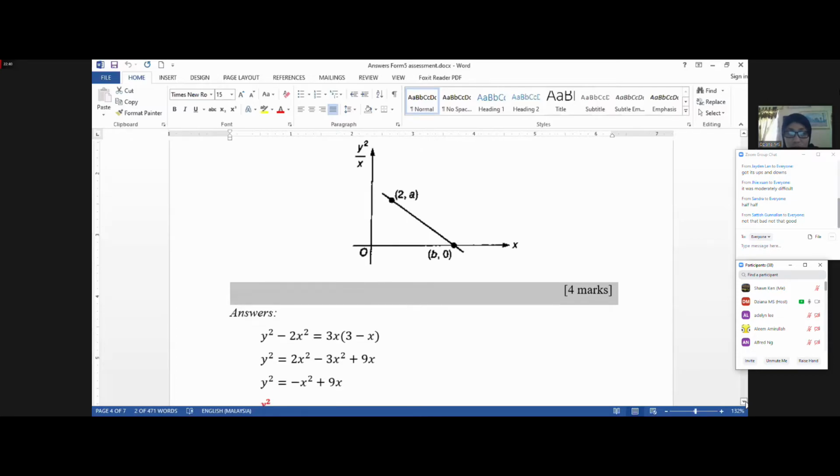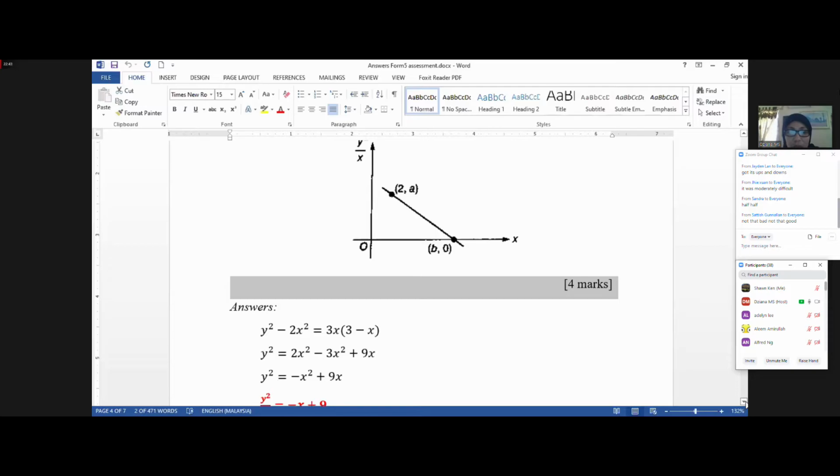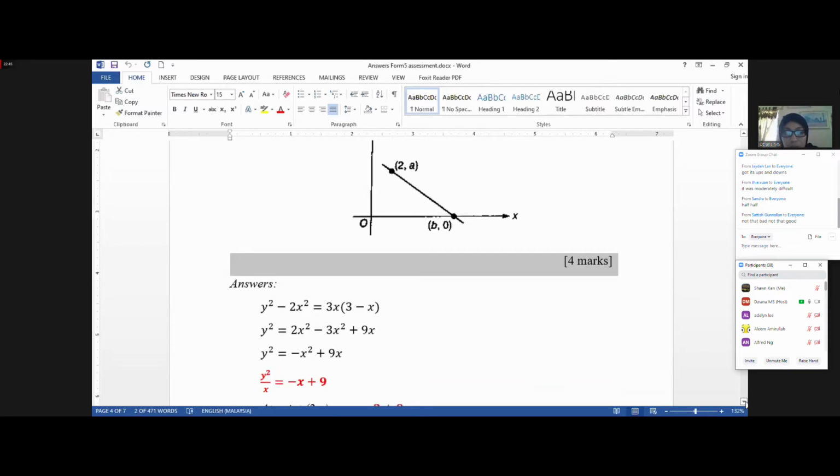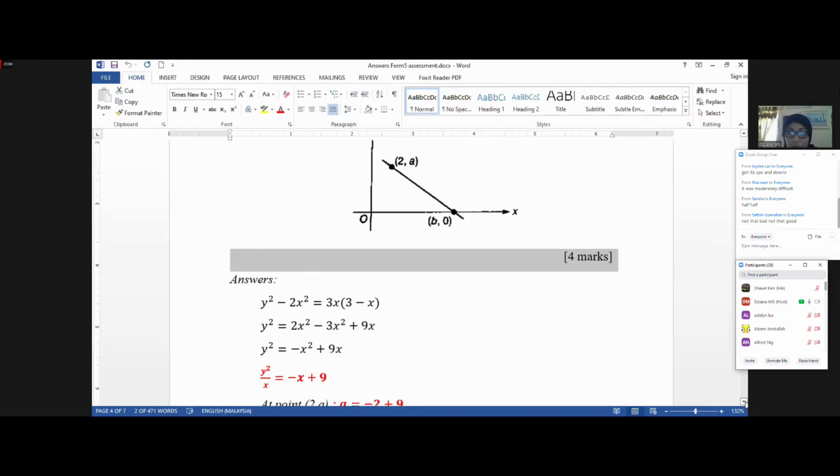Now I have the linear form, which is y squared over x equals negative x plus 9. This part is 1 mark, or anything equivalent to this is 1 mark. There is also more than one method to answer this. This is one of the methods.